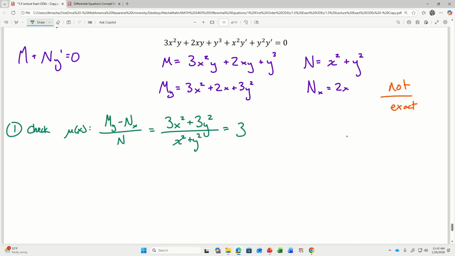So that's 3. And this is a function of x only. So that means it can be made exact.